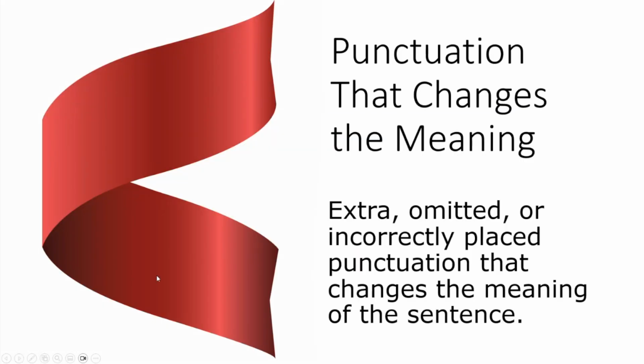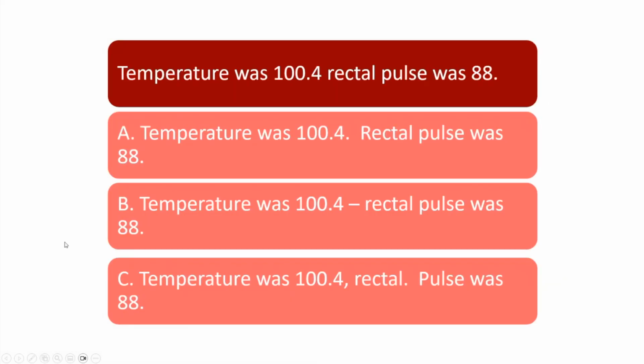All right. So we also have punctuation that changes the meaning. Extra, omitted, or incorrectly placed punctuation can change the meaning of the sentence. This is something we want to be careful for in our reports, and I will show you an example of why you have to be careful because it can change the meaning. The sentence dictated is: temperature was 100.4, rectal pulse was 88.